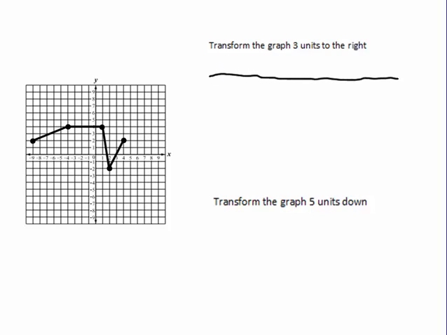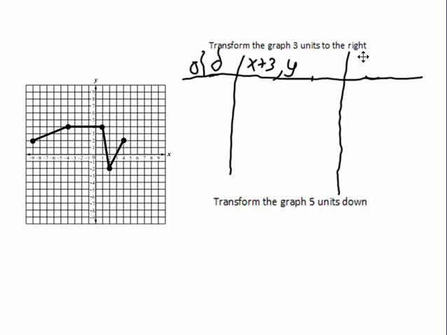I'm going to have old here, and we're going to put the coordinate points for each one of these as the old. If we're graphing 3 units to the right, we're moving each of these x values 3 units to the right. Are we messing with the y values? No. So here we're going to say x plus 3, comma, y, new.